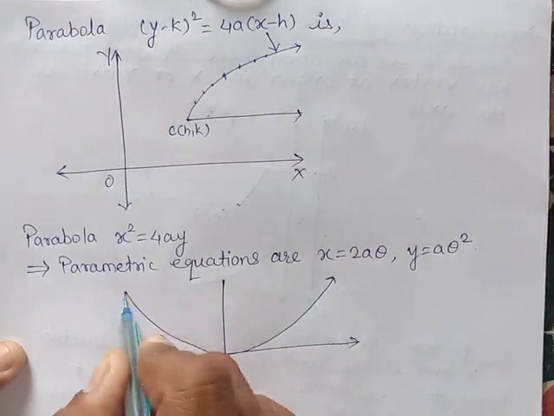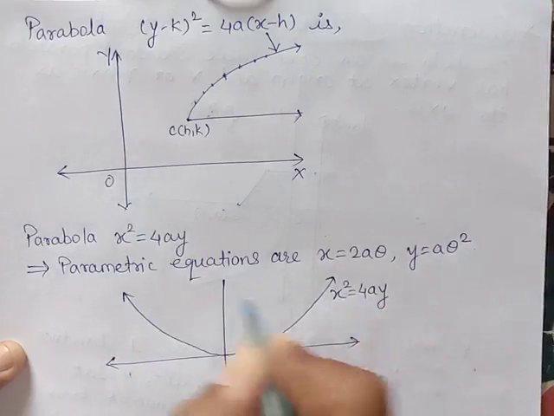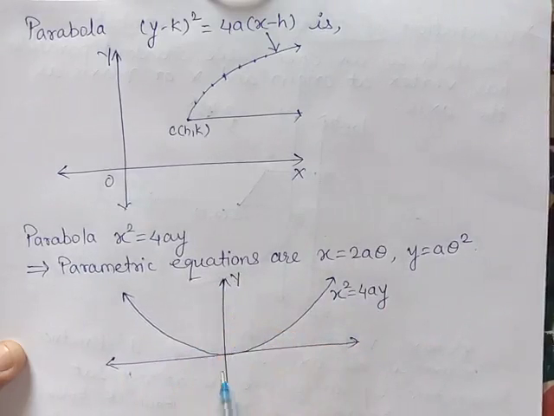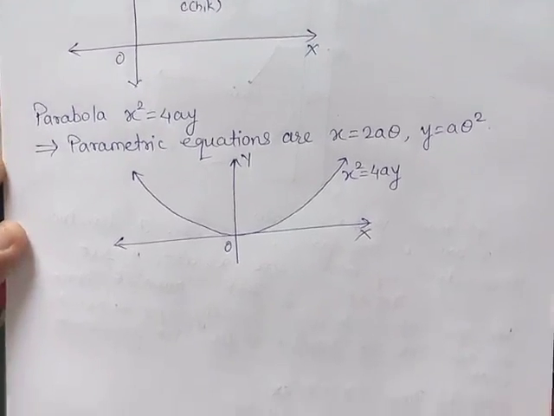This is an arc for it. This is the x axis. This is the parabola x square equal to 4ay.